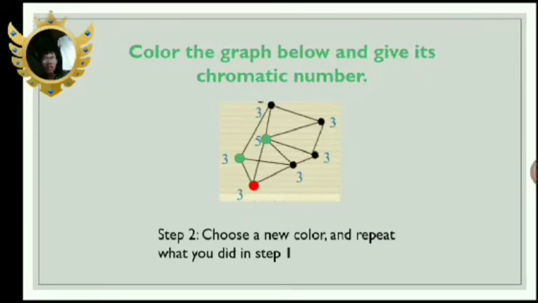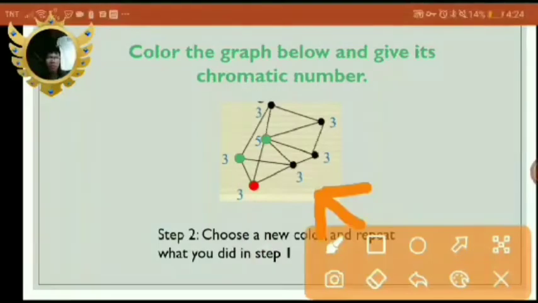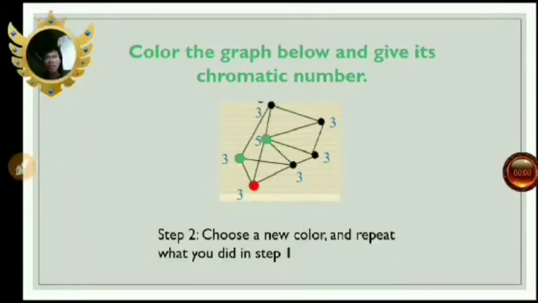Then I'm going to color other vertices red, as many as I can, but I need to avoid vertices connected to it. For example, here. Then we color this one.